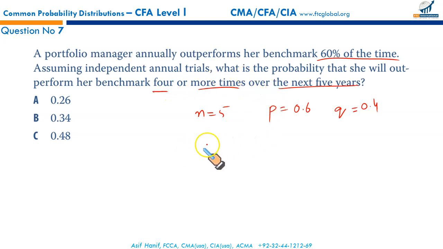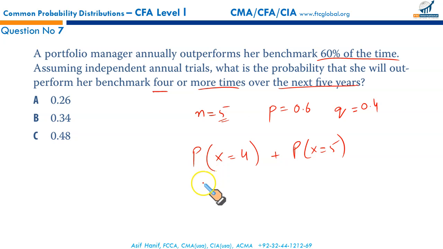That means there are going to be two possibilities. Probability of x is equal to 4 plus 5 as well. Because it said 4 or more times. So it could only be 4 and 5 because there are just 5 periods involved. Right? You just need to plug in the numbers. NCR, that's going to be 5C4 P raised to the power 4 and Q raised to the power 5 minus 4, that's 1.